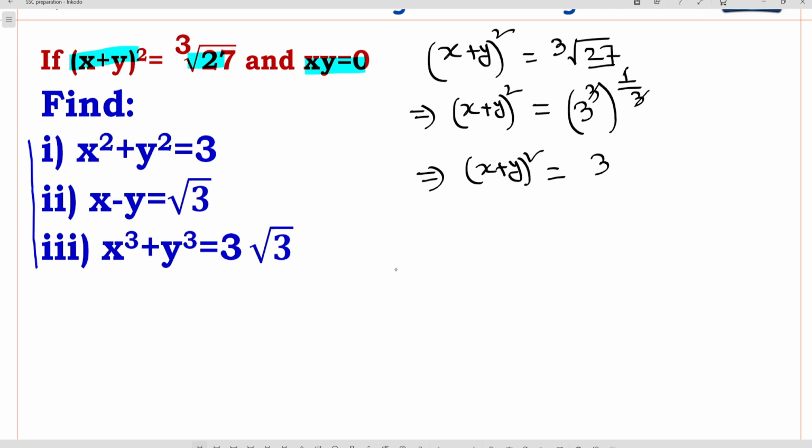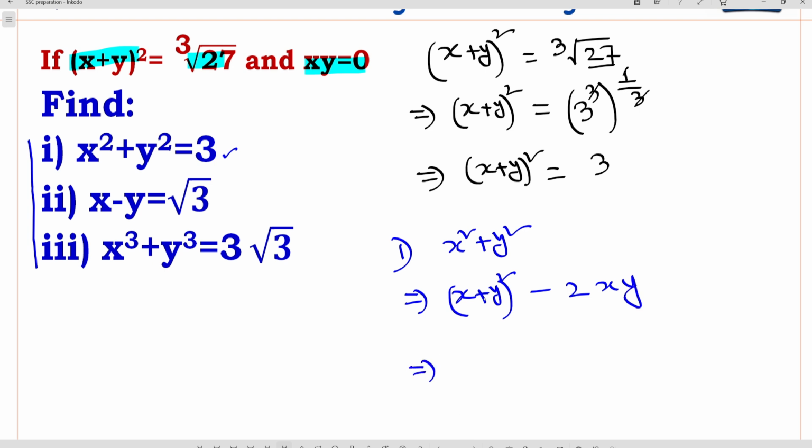Our first expression, number 1, is x square plus y square. We have to prove this one is 3. How? We can write this as (x plus y) whole square minus 2xy. (x plus y) whole square we already know is 3, minus 2 times the given xy, which equals 0.